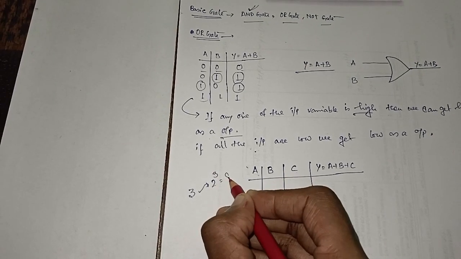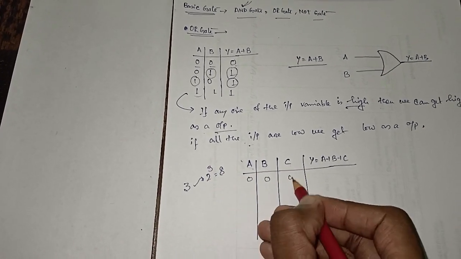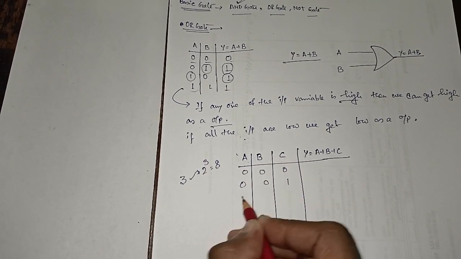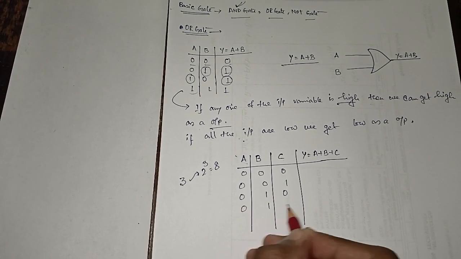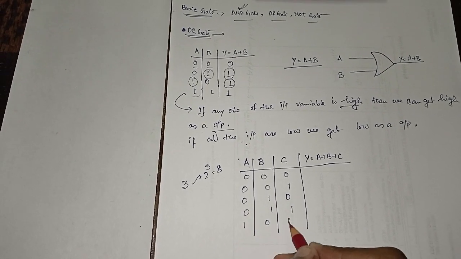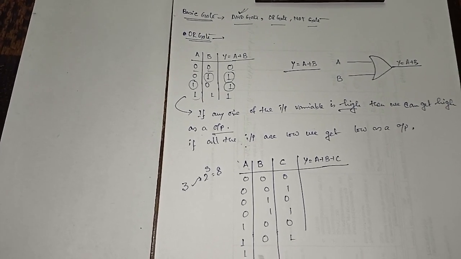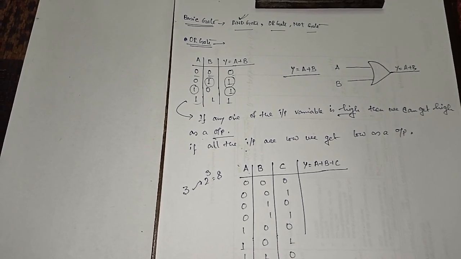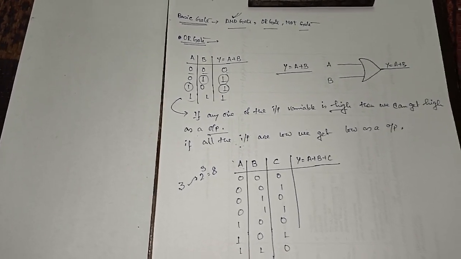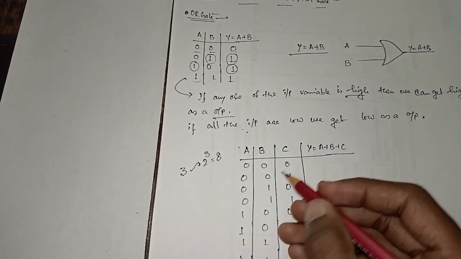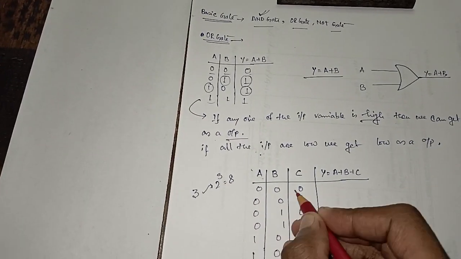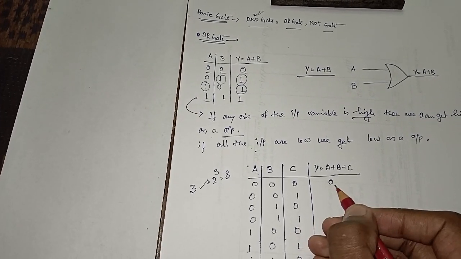From three input variables we get 2 to the power 3, which means 8 combinations: 0 0 0, 0 0 1, 0 1 0, 0 1 1, 1 0 0, 1 0 1, 1 1 0, 1 1 1. If any one of the inputs is high, the output is high. If no input is high, we get 0.